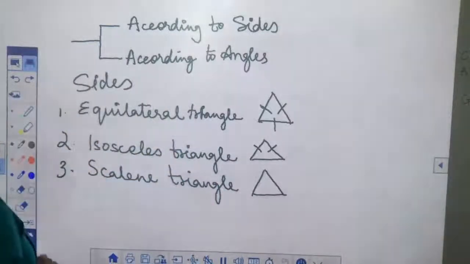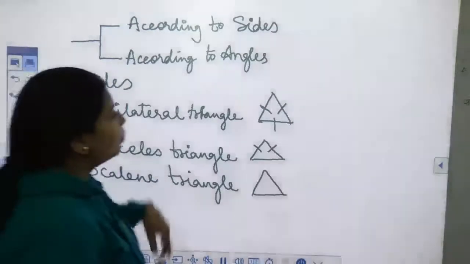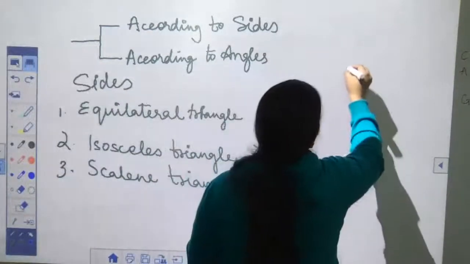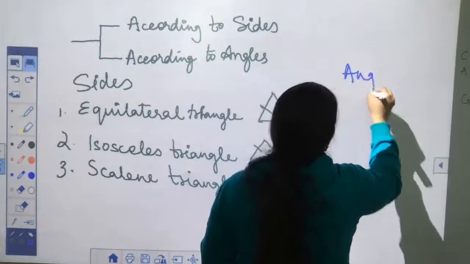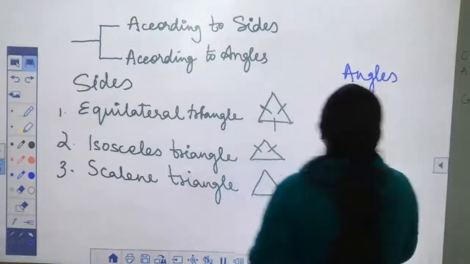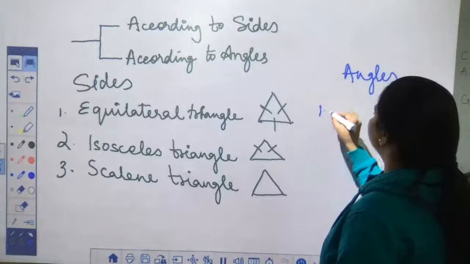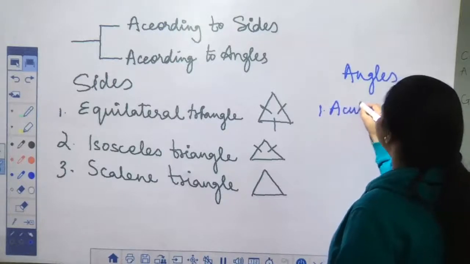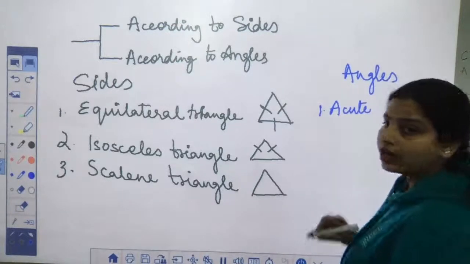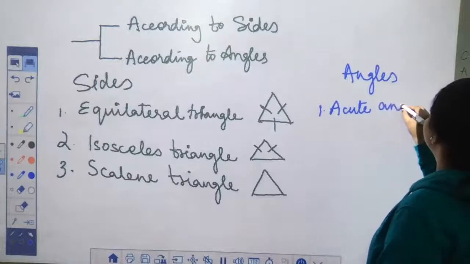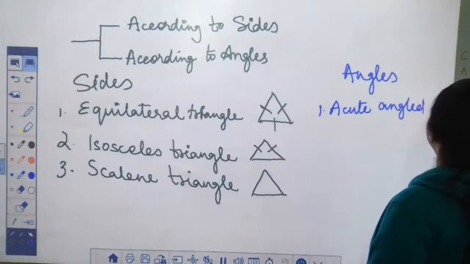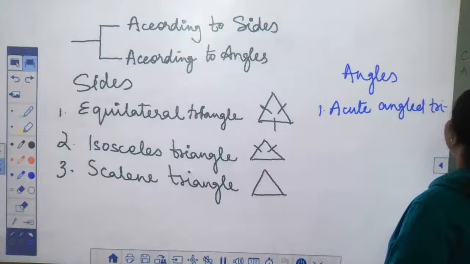Now, after sides, we'll discuss as per angles. First is acute angle triangle.